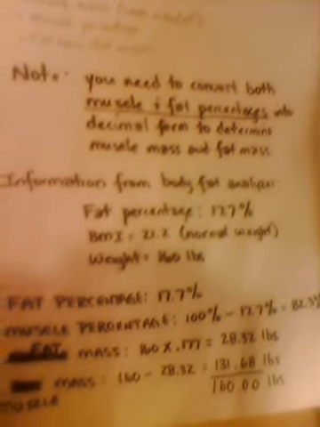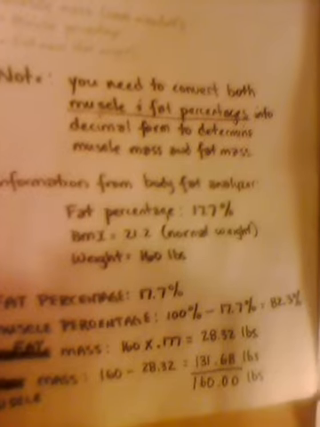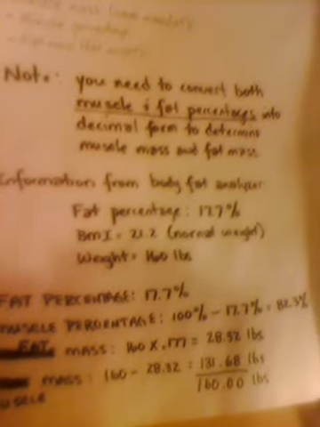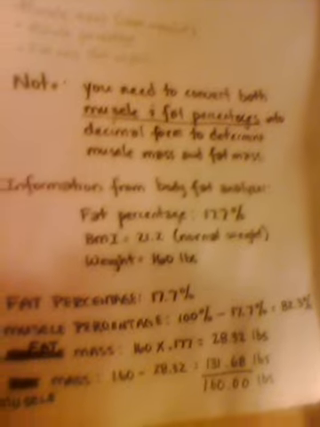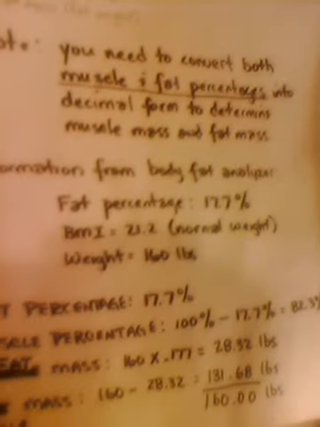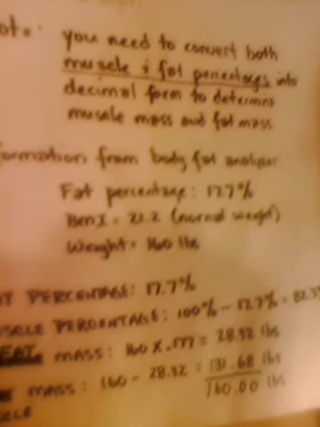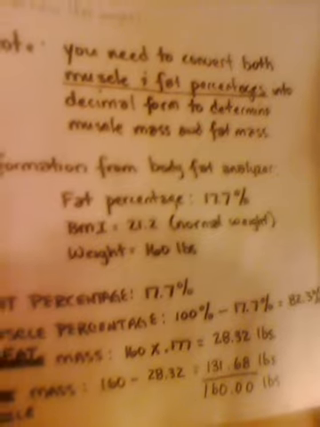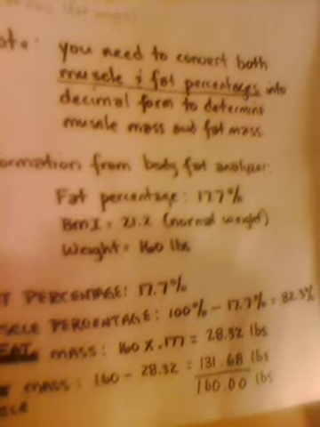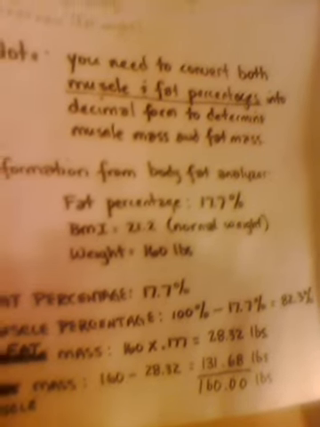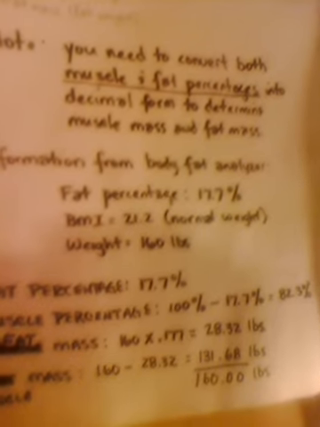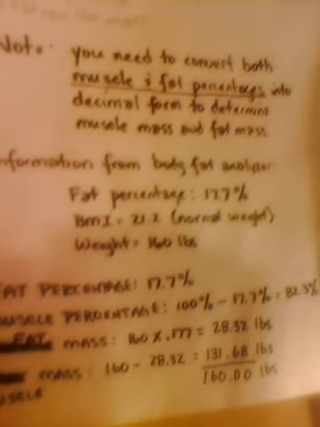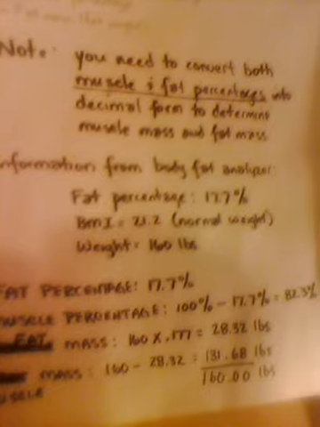Okay, now we're going to take that same fat percentage, and again, as I mentioned, we're going to move the decimal space twice to the left. So we're going to take 160, your weight, times 0.177. Again, I emphasize, don't forget to bring the decimal space to the left. So 160 times 0.177 equals 28.32 pounds.